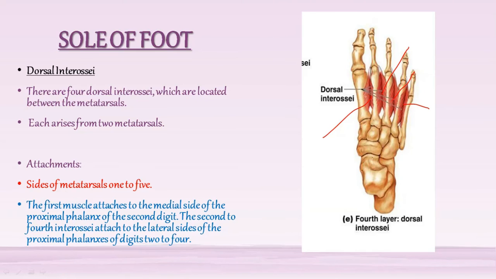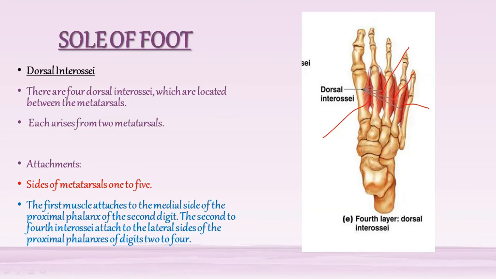Now the first muscle is attached, this is the first dorsal interosseus, to the medial side of the proximal phalanx of the second digit. This is the first muscle which inserts on the medial side of the proximal phalanx of the second digit. The second to fourth interossei are attached to the lateral sides of the proximal phalanx of digits 2 to 4.